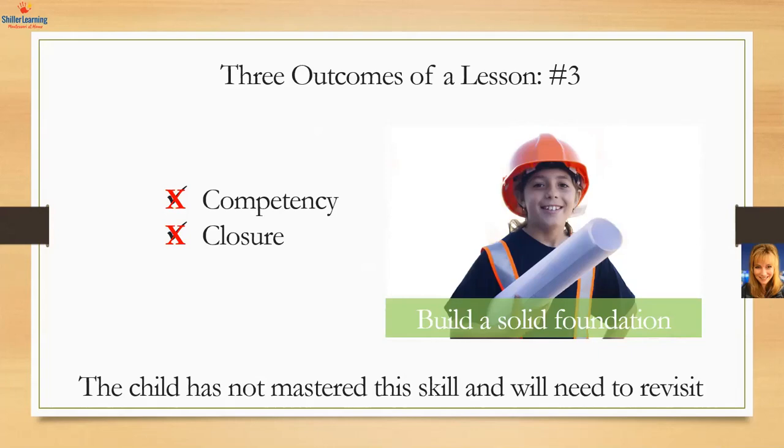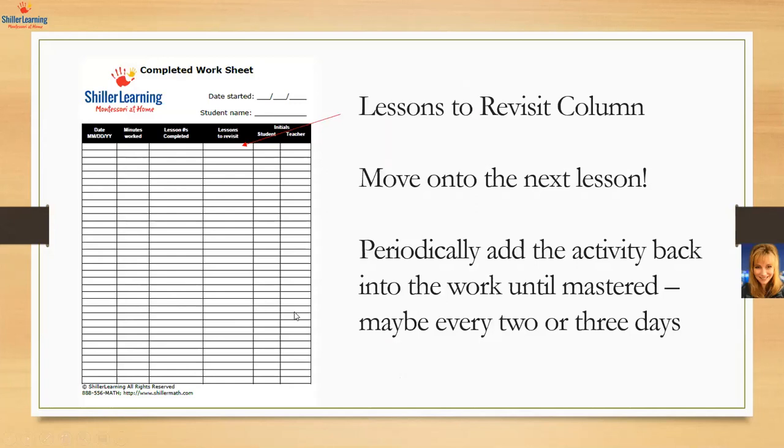Okay, so if they're not getting it, how do we ensure that that solid foundation is being built? We do that by placing that lesson number into that column for lessons to be revisited, and move on to the next lesson. We don't want that to bog them down in their progress.